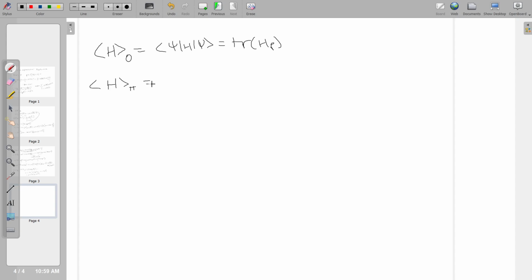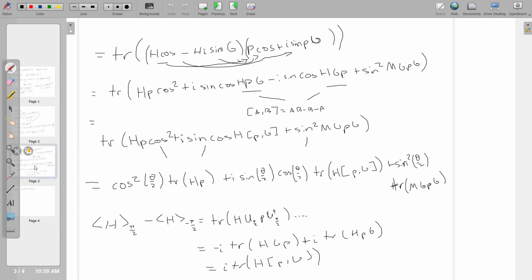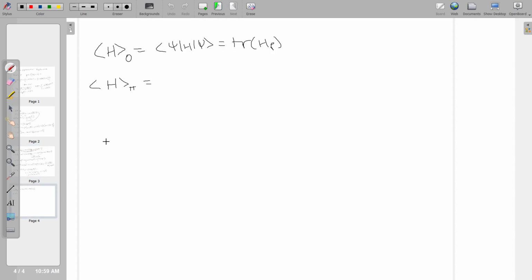We don't have to do the whole expansion out, but if we have this negative pi over 2, because remember it's theta over 2 in these terms, we can expand this out, and so we do cosine over 2, do this whole thing. And so if you remember, cosine of pi over 2 is 0, and so we're left with just doing the whole trace operation again. I'm not going to write this whole thing out.